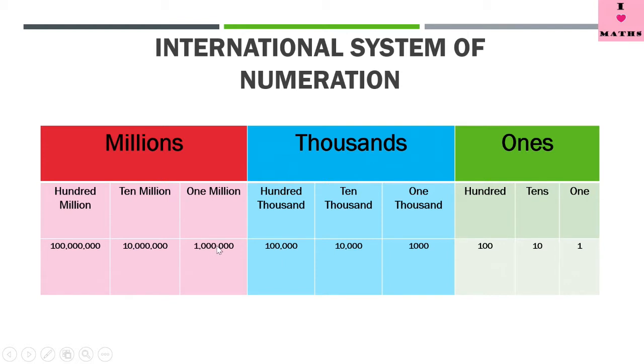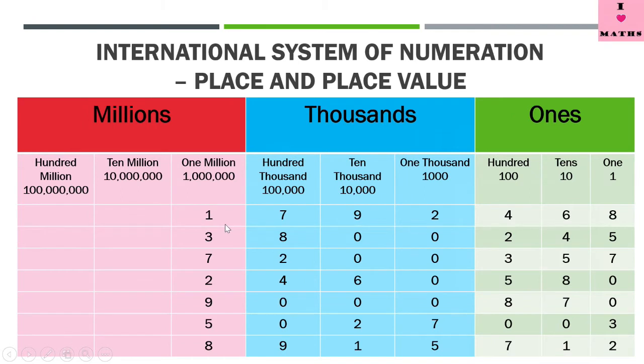Now I am going to show you how we are supposed to read the numbers in the international system of numeration. Now we are going to learn till 1 million in class 4. In class 5, we will go till 100 million. So let us read the first number.